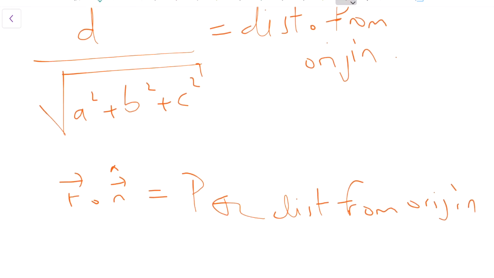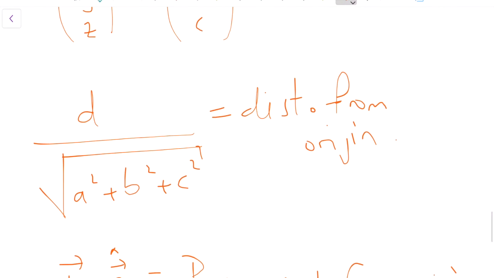But p is nothing but d over phi. And phi is nothing but the root of a squared plus b squared plus c squared. So this finishes our proof that d over the root of a squared plus b squared plus c squared gives us the distance from the origin. Alright, that's it.